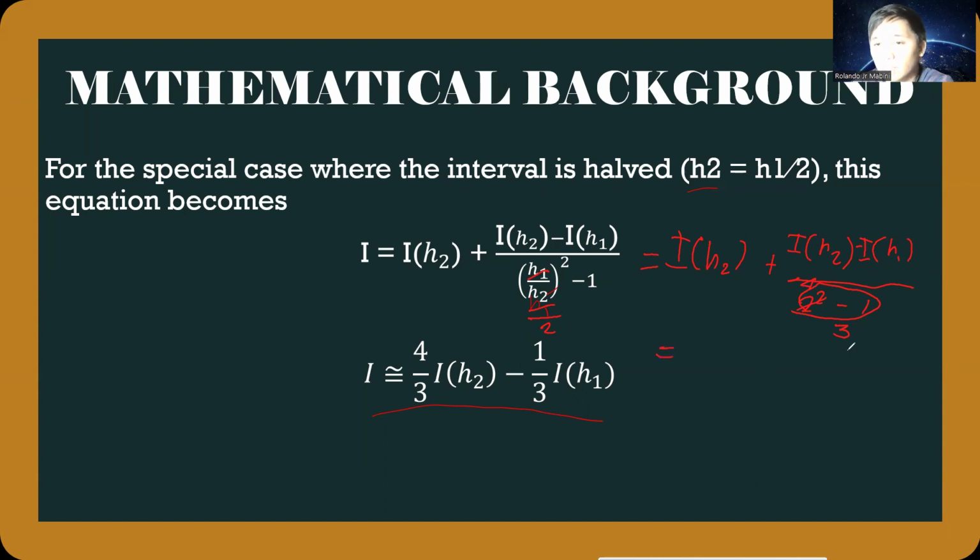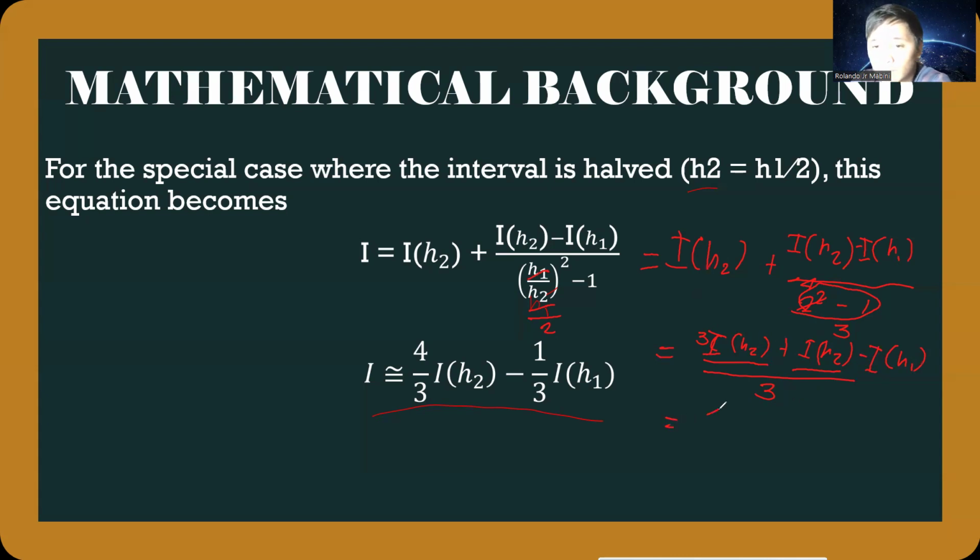By algebraic manipulation, by the least common denominator, we will multiply the 3 by the upper term on the right. So this will become 3 times I of h2 plus I of h2, still copying the upper terms of the right side, I of h2 minus I of h1. This is the same term, I of h2.